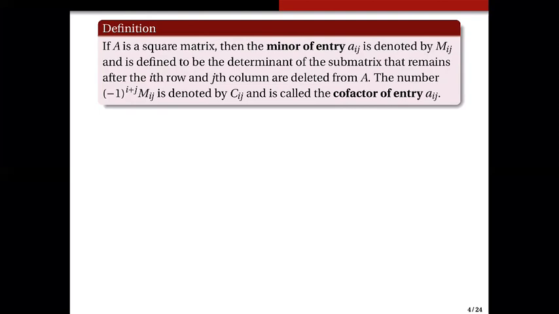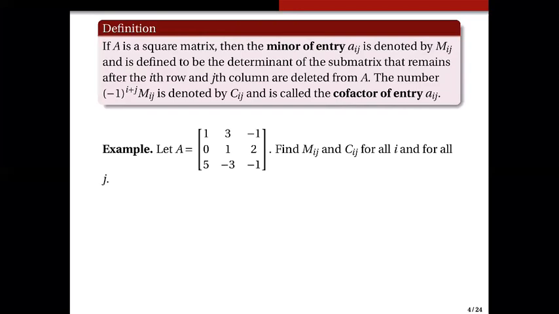So to understand this better, let us consider this matrix A. We want to find the minors and the cofactors of the matrix A. So let us start with M11.